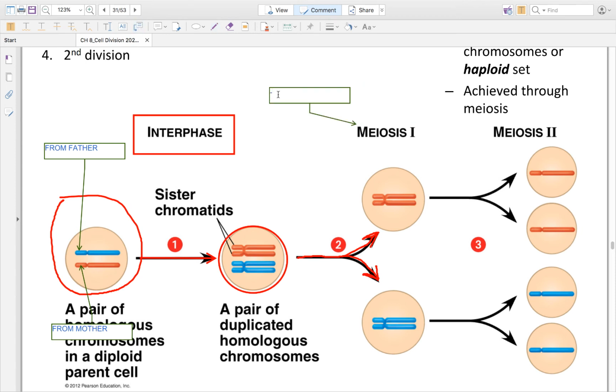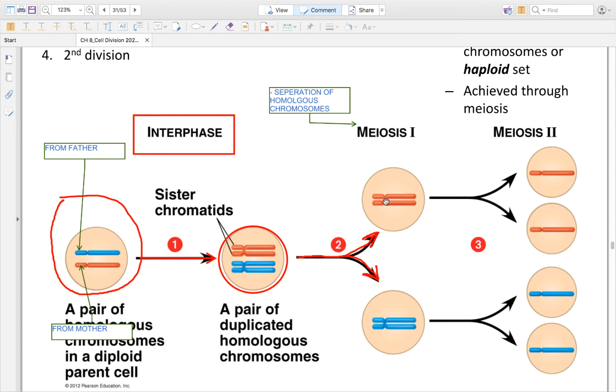Meiosis 1 is the separation of homologous chromosomes. So that's what's happening in meiosis 1. You see that the red's gone up here and the blue's gone over here, and then meiosis 2 is just a straight division.